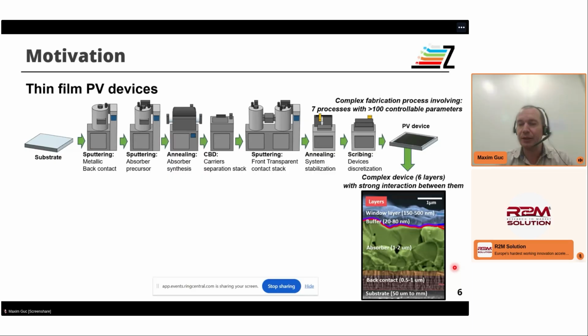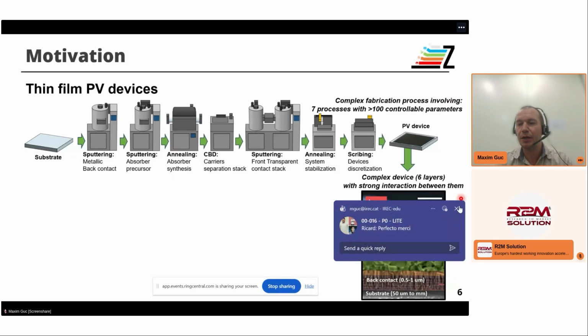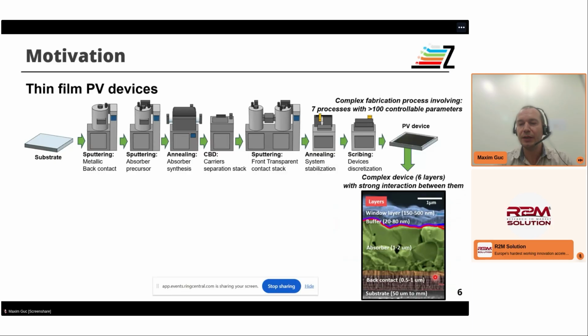And of course, there are then interfaces between these layers that also have quite a strict influence on the devices and on the parameters of the devices.